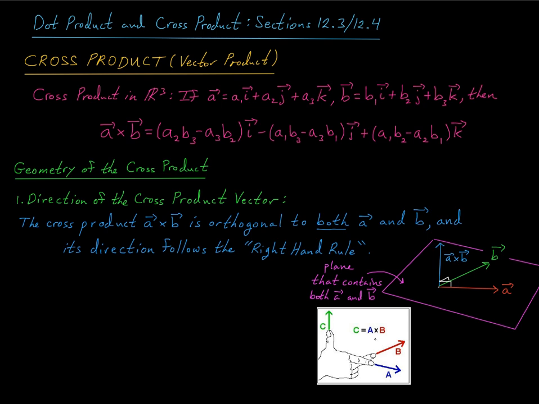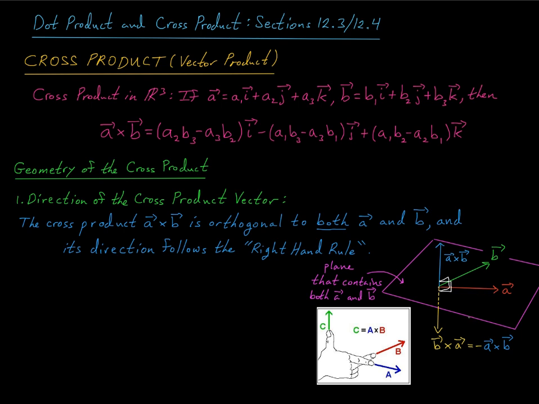Now what if I were to reverse the order of the vectors in the product? There you have to think about placing your index finger along green, along B, then your middle finger along red, along A. It's a little hard to show you this when we're not meeting in person, and I can go over this more in our Zoom meetings, but if you imagine doing that, index finger along green, middle finger along red, you're really going to have to turn your right hand upside down, and in this case, your thumb is going to be pointing downwards.